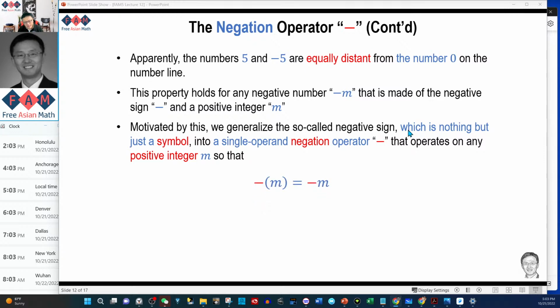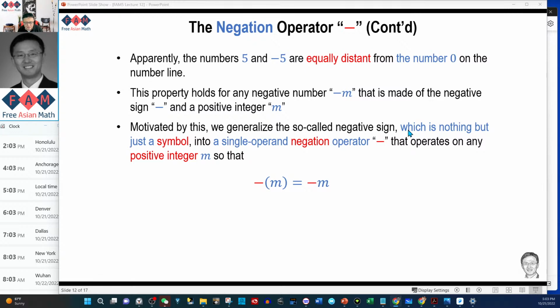If m is a positive integer like 5, then in this equation, the expression on the left-hand side is this operator, which we call the negation operator, on 5. And the result is negative 5, without the parentheses. That's how we write it down. So it's important to understand what this expression means.